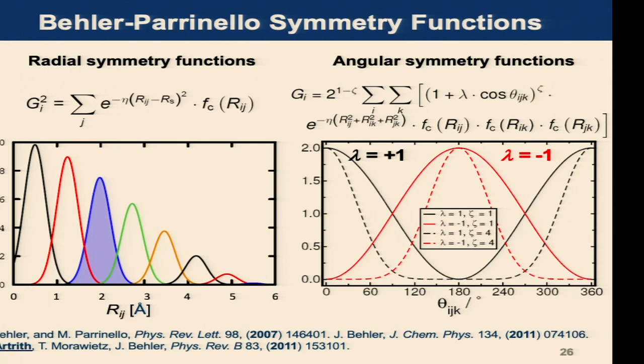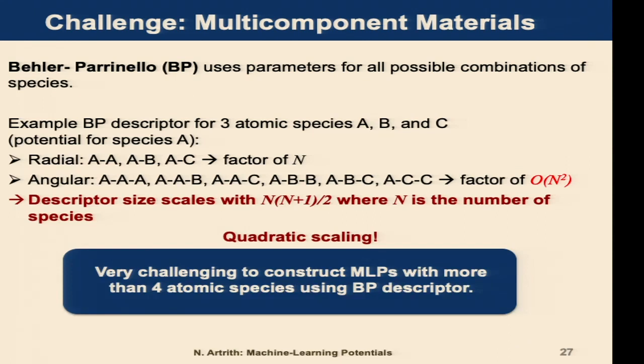And then the second, the angular symmetry function, is just the combination of 3 atoms. In this curve, I just show very simply that this equation still contains the Gaussian combined with the R cut here, with many different combinations of the 3 bodies. Okay.